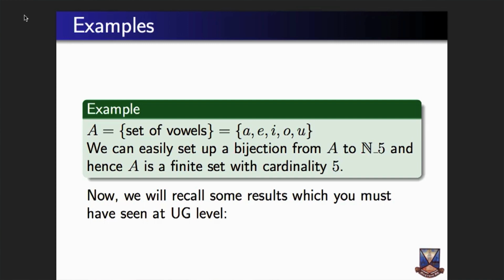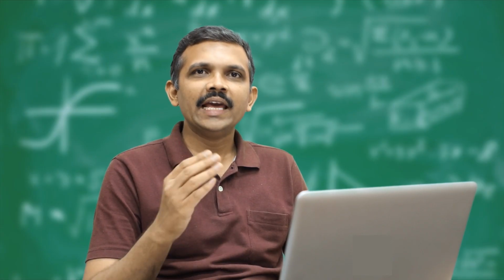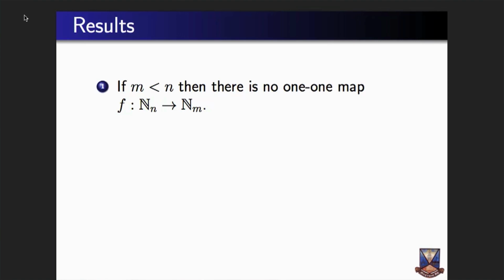Now, let us quickly recall the results that we have already seen at our undergraduate level. The first and important result is: if you have two natural numbers m and n with m less than n, then there cannot exist any one-one map from N_n to N_m.